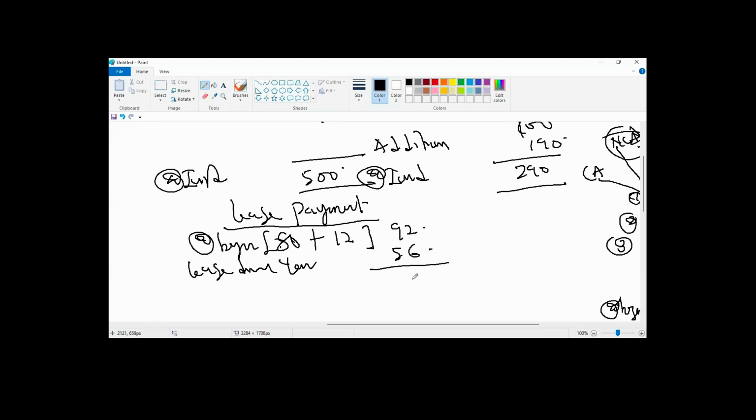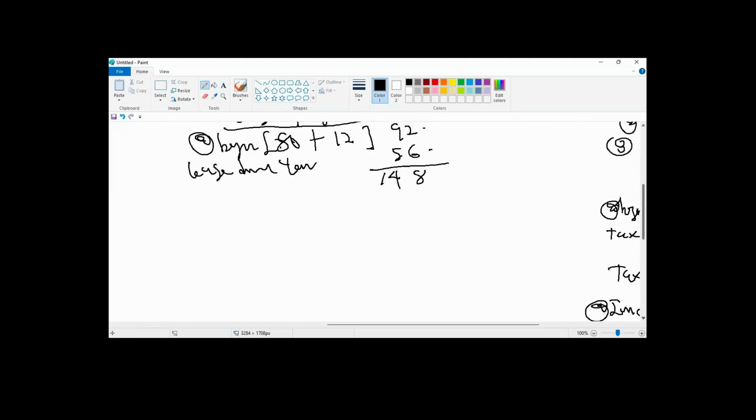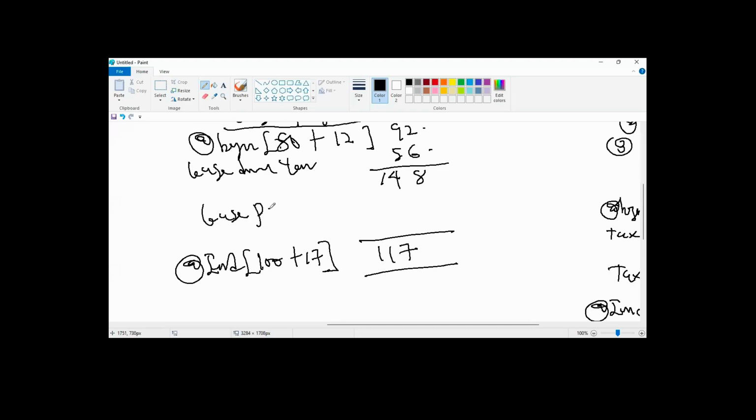I will now add 8. At the end, what is the lease payment more than 1 year at the end? 100, plus less than 1 year at the end, 17. 100 plus 17, 117. Lease payment now: 14 plus 17, that is 31.